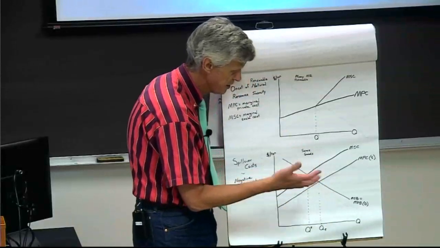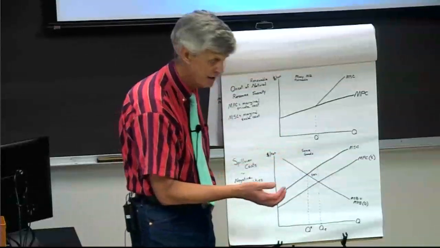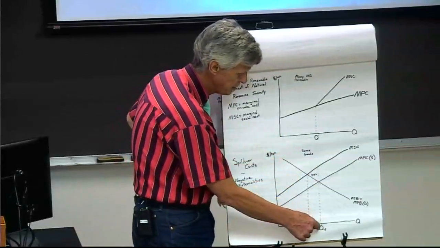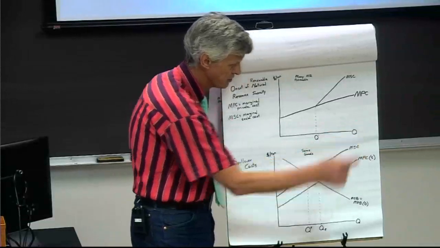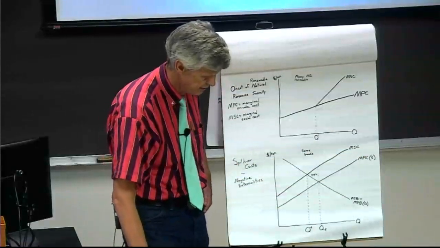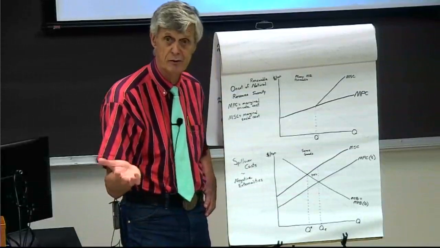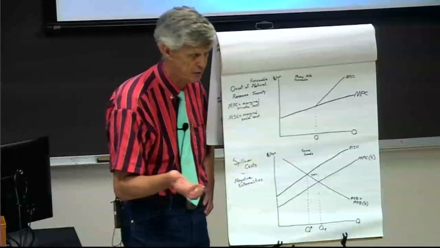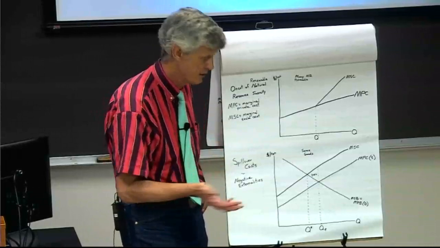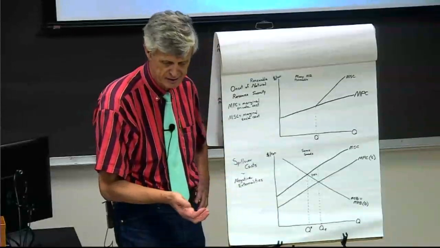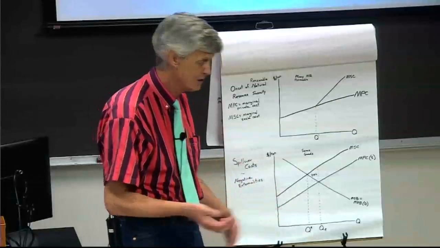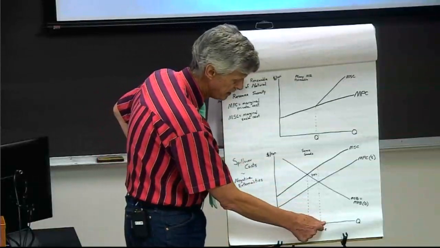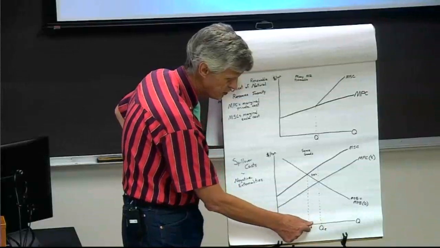In the absence of some corrective policy, the equilibrium will be larger than the social optimum because marginal social cost is more than marginal private cost. Then the issue is, well, what should we do about it? We'll spend at least a week or two in the next few weeks discussing all of the policy options that differ in their advantages and disadvantages and how to bring Q sub E to Q sub star.